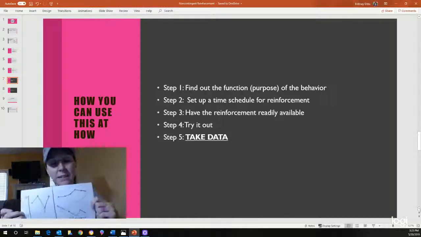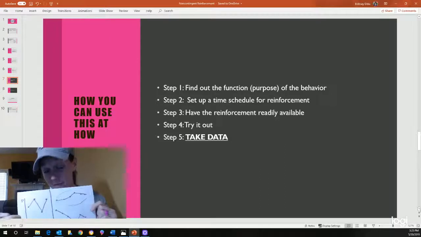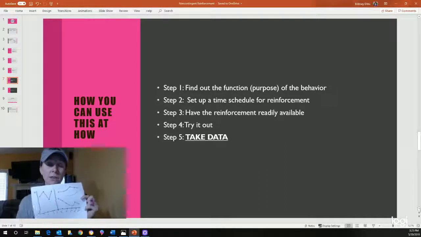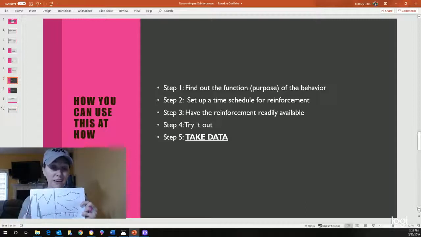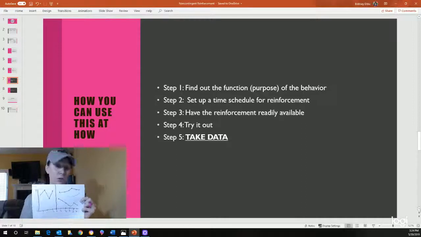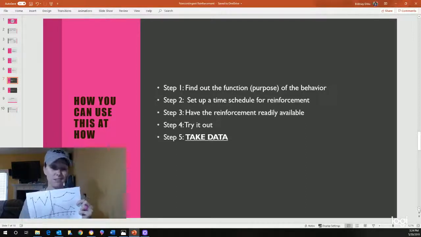This is a good indication that what we're doing isn't working. So if you guys are at home and you tried non-contingent reinforcement and you're noticing that there's not any change or it's getting worse, then first of all, stop what you're doing. Stop the intervention because it's not working.